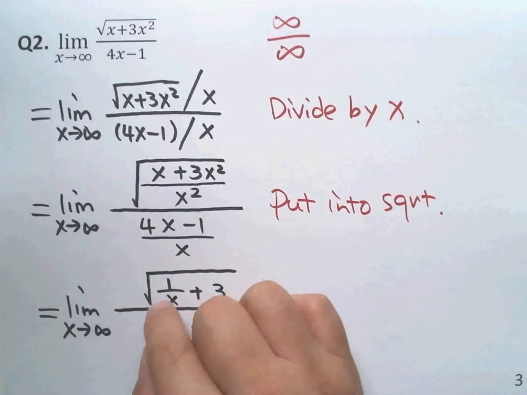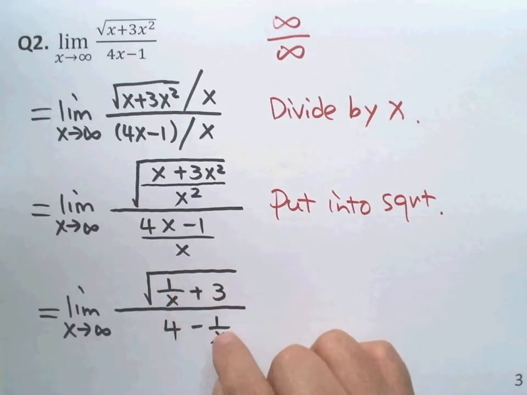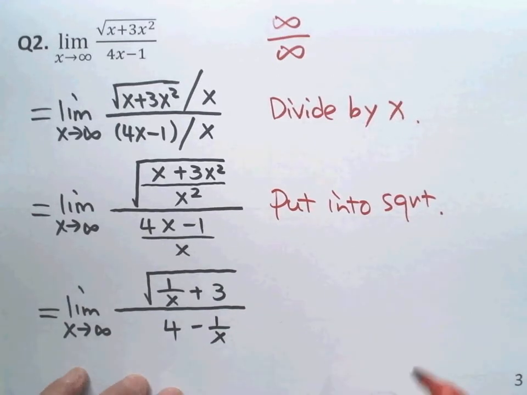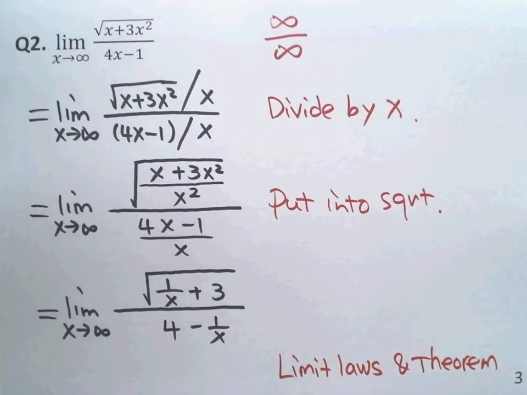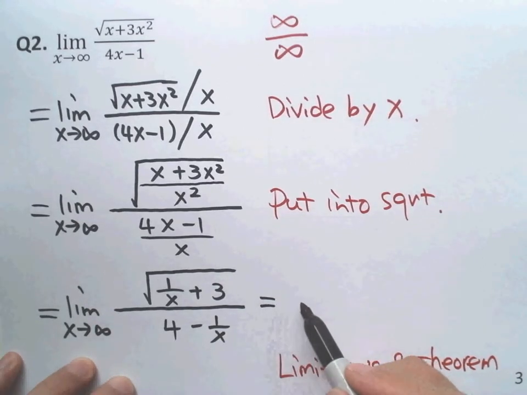Why do we expand it? Because we are going to use the theorem: 1 over x approaches 0. Then we use the limit laws and the theorem we discussed, and we directly have the results.